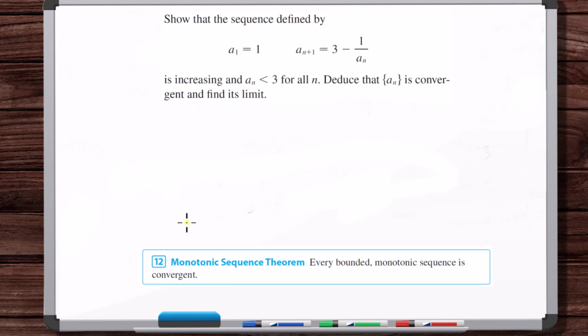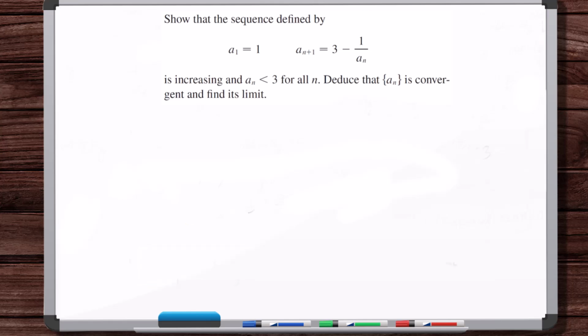Remember, bounded means it has to be bounded both above and below, and monotonic means it's either increasing or decreasing. We're first going to show that the sequence is convergent, and then we're going to find the limit. We're going to show that it's convergent with the monotonic sequence theorem using mathematical induction.